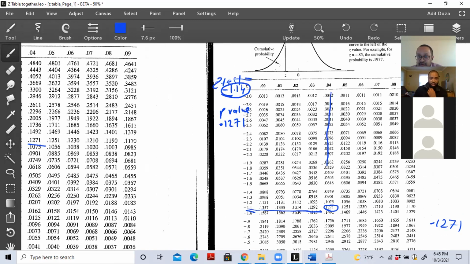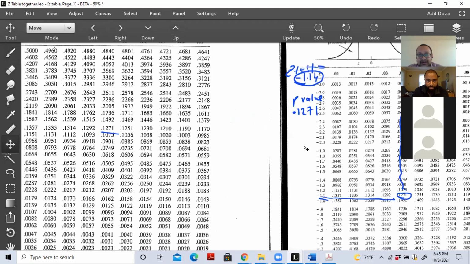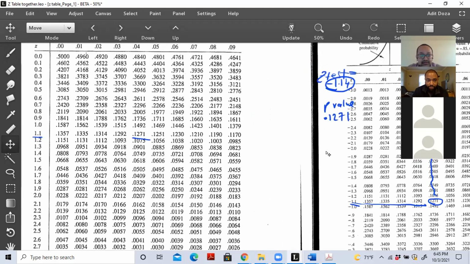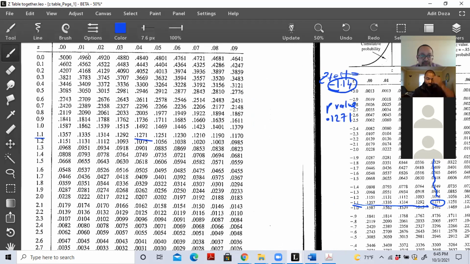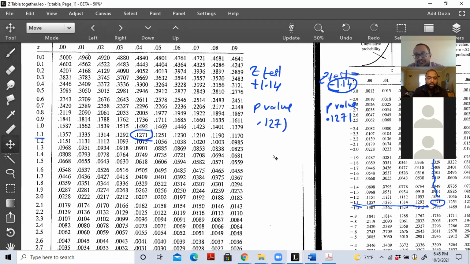P-value is always positive, no matter if it is lower tailed or upper tailed. For positive 1.14, the p-value is also the same. Why is it the same? Because of symmetry, the shape of the z distribution.